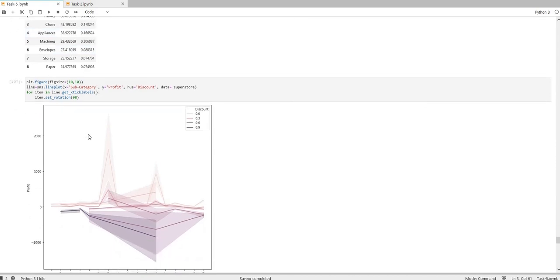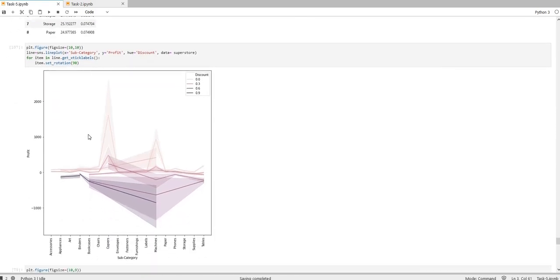Now, after analyzing this plot, we can say that machines have the highest loss overall from all other subcategories, and copiers have the highest profits.